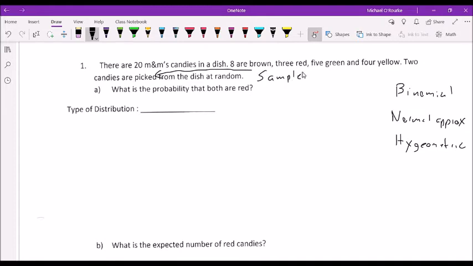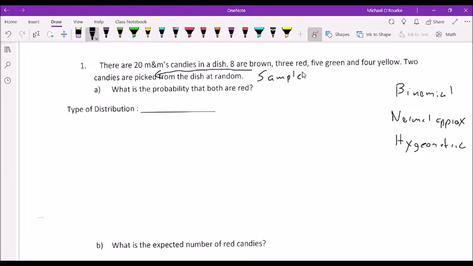You're sampling out of the dish. The other thing you'll notice on your formula sheet is with binomial, I wrote the 3 times it happens. Number 3 statement there says the replications are independent. So that means you replace, and every draw you make will be the exact same probability.